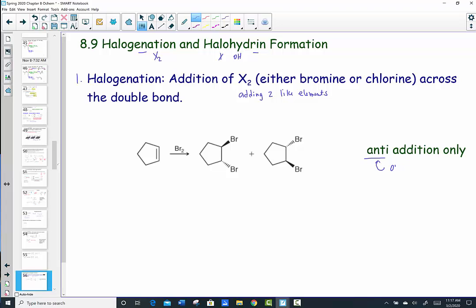That means opposite. Notice that when one bromine adds as a wedge, the other bromine must add as a dash, and vice versa. Those are a pair of enantiomers. So the enantiomers that form are not syn, like in the last two examples, but they're anti, and let's learn why.